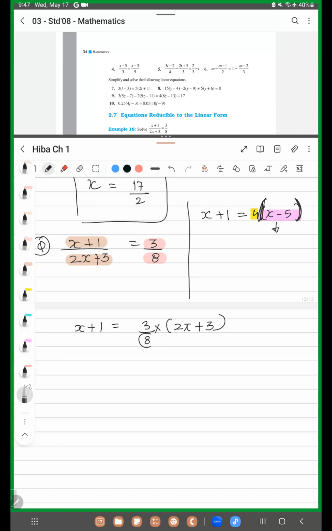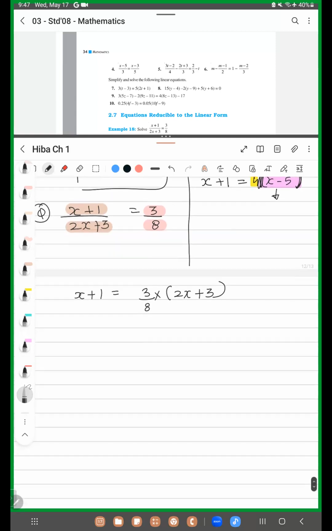Okay. Can we take the 8 to the other side? Yeah. Okay. बताइए कैसे करेंगे? क्या हो जाएगा पूरा इक्वेशन? 8 multiplied by x plus 1. Like this? Yeah. Good.